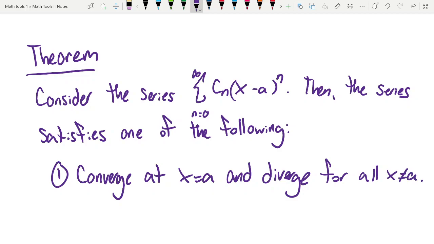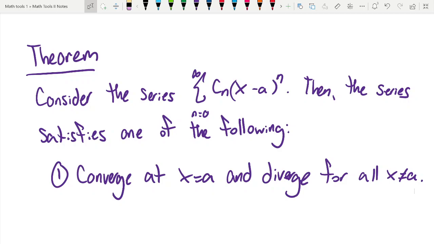Okay, so this is kind of the extreme case. Any power series is trivially going to converge at x equals a because that's just a series of zeros, right? It would just be 0 plus 0 plus 0 plus 0. Technically, the first term would actually be 1, right? Because you would actually have 0 to the 0th. So it would actually be c sub 0, I guess I should say.